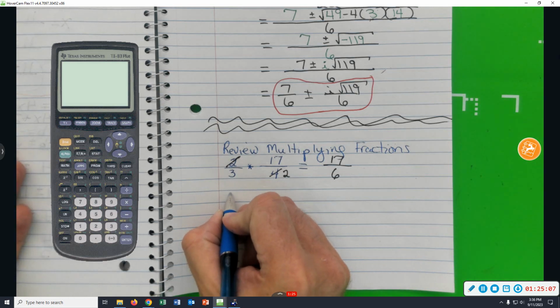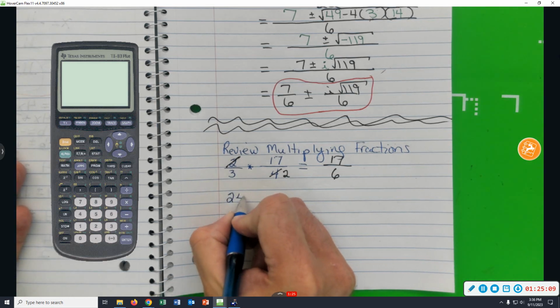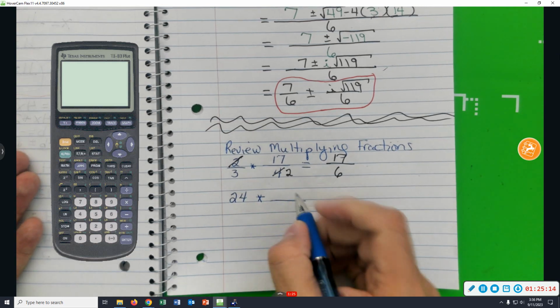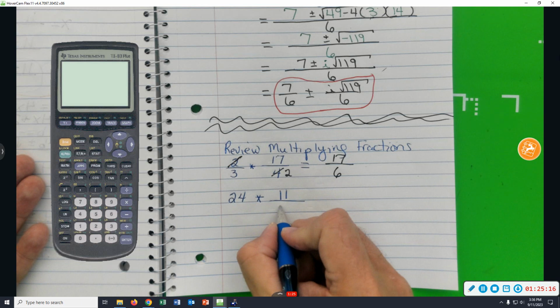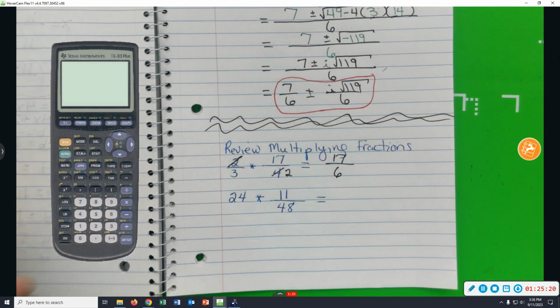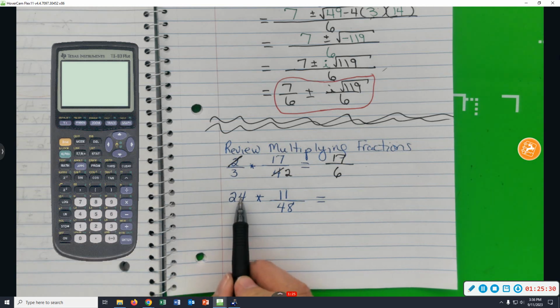Suppose we just had an integer, something like 24 times 11 over 48. If you had to multiply that, and you didn't have a calculator, you probably wouldn't want to multiply just straight across. First of all, how could I write this 24 so it's a fraction like this one here?